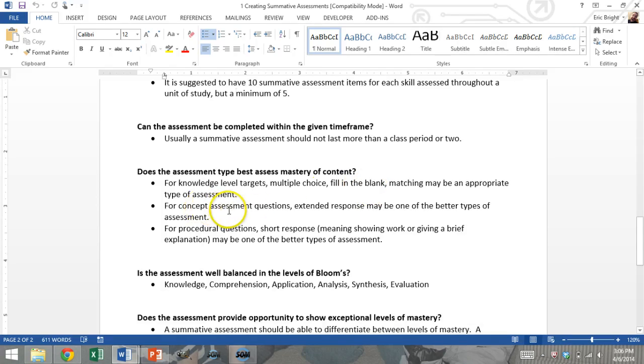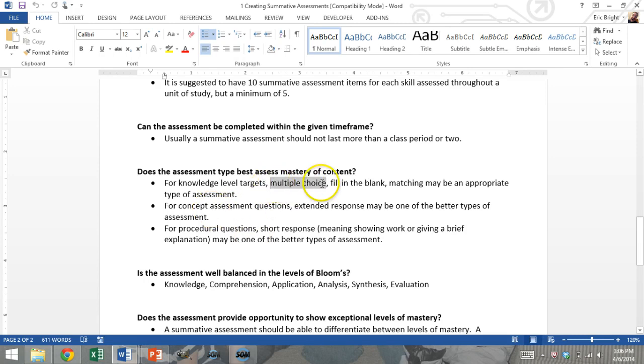But for a conceptual understanding question, we're probably going to need some sort of extended response, some sort of writing. And for procedural questions, we're probably going to need short response. In other words, students need to be able to show their work, and maybe even explain the procedure in a sentence or two. But if you're trying to get at a concept, do students understand a concept?